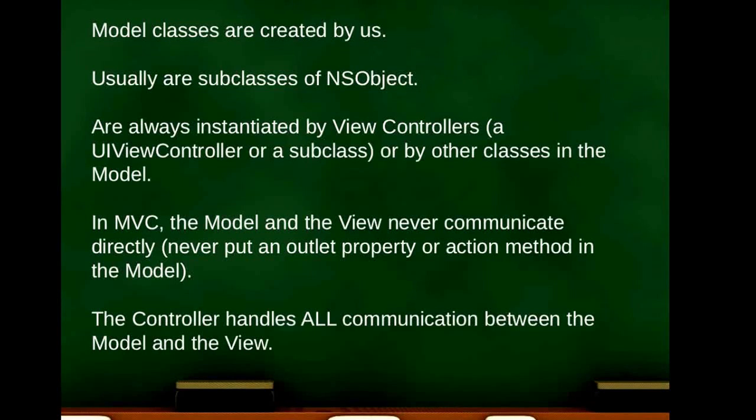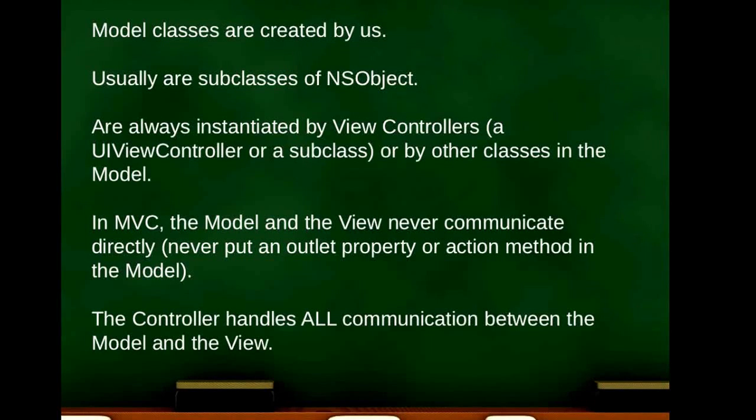In model view controller architecture, the model and the view never talk directly to one another. In other words, we would never put an outlet property or an action method in a model class object. We put the outlet properties and the action methods in the controller, and we never allow the model and the view to directly communicate.